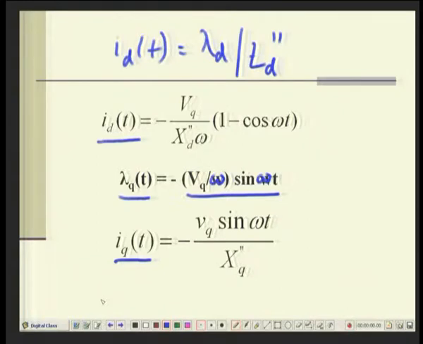Okay. Right. Of course, minus means that current is going out, because we have taken the motoring convention, so that is why we get the minus, right.